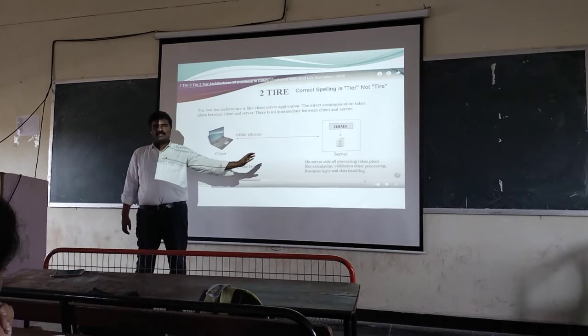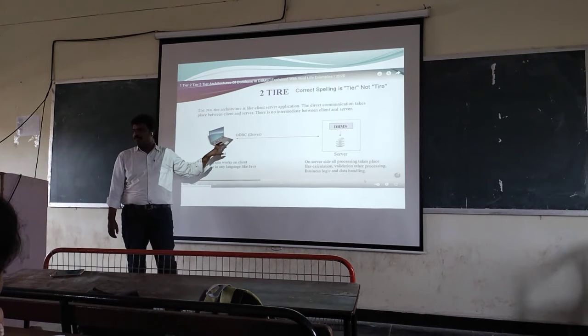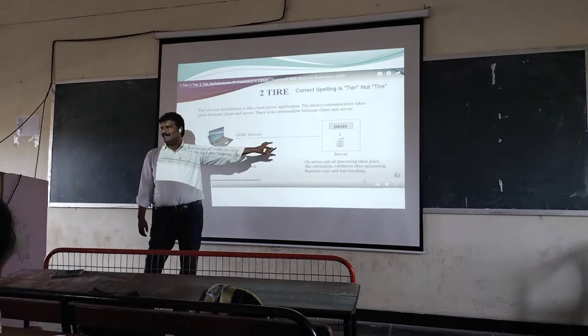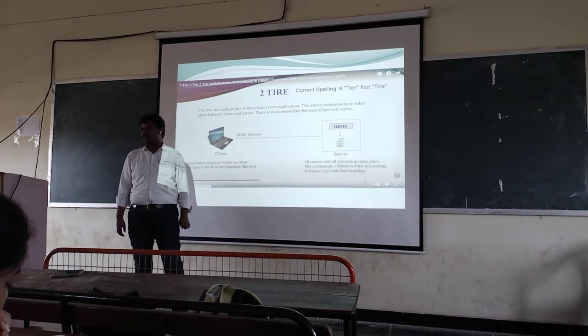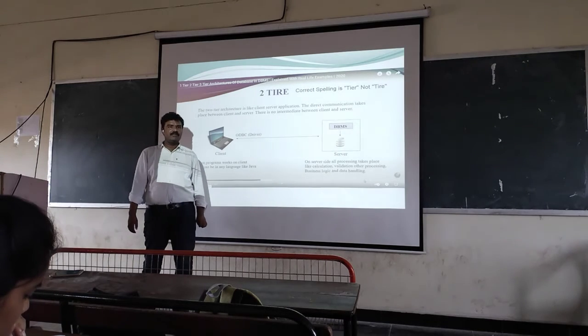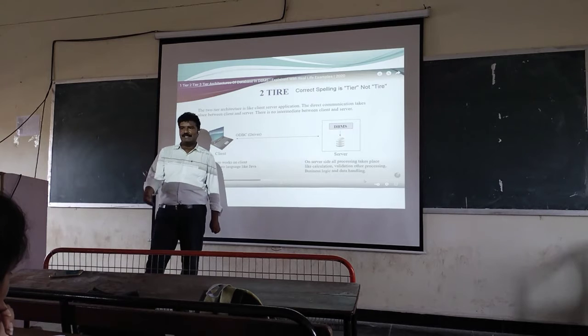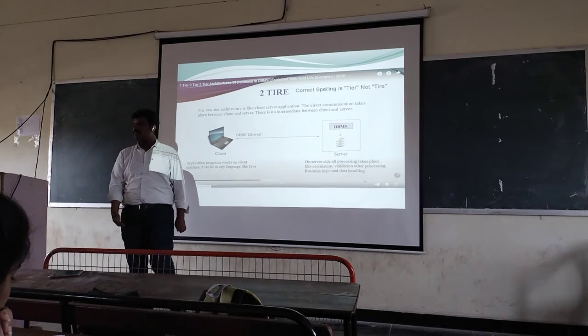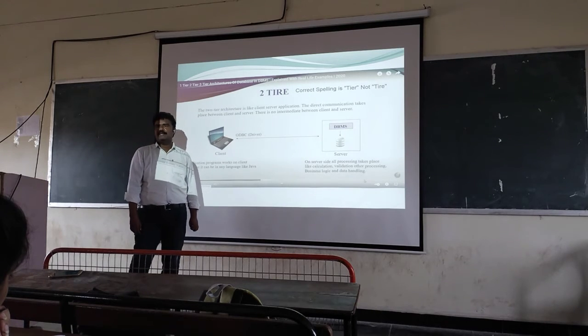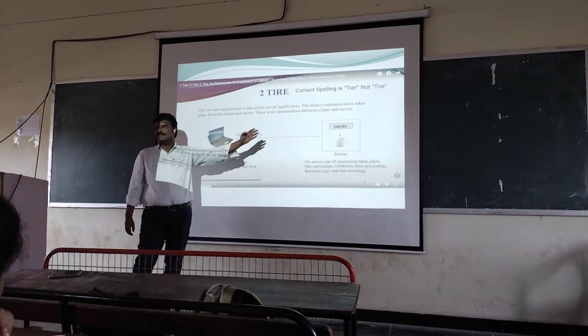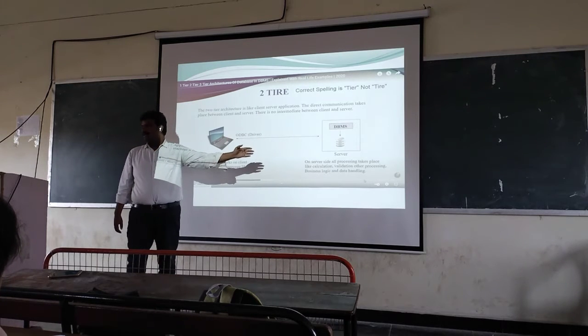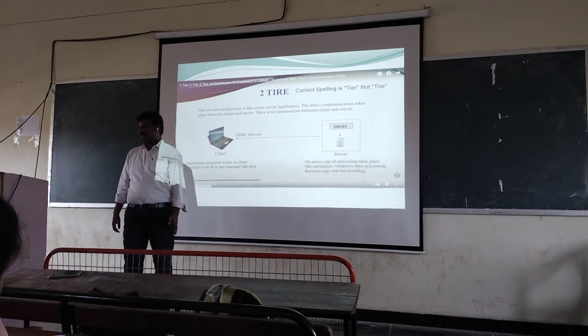So if I'm a third party, if I want to modify anything here, I can. If you want to give false information, you can. Am I right or wrong? Because you are directly accessing, there is no authentication, nothing is there.